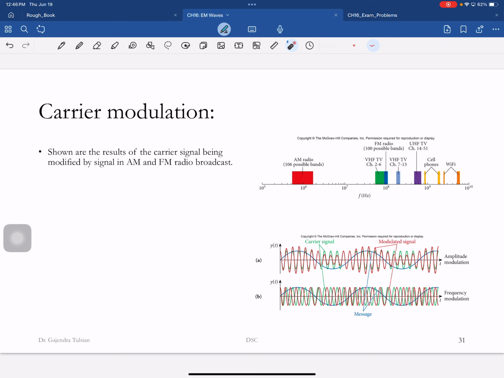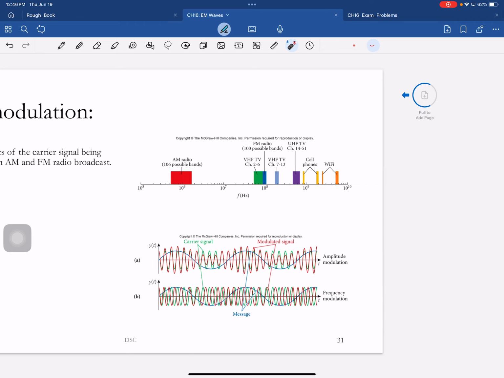Now this has the advantage that noise won't bother it. It's very hard for noise to replicate that. But the negative is it doesn't have long range. So the range is good on that, and noise is a problem. Range is bad on that, but noise is not a problem.